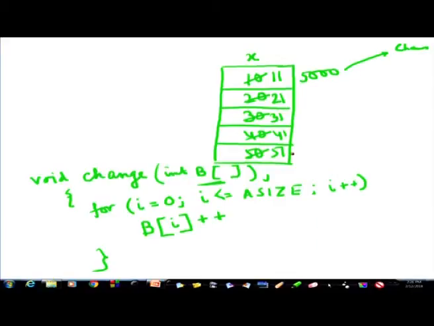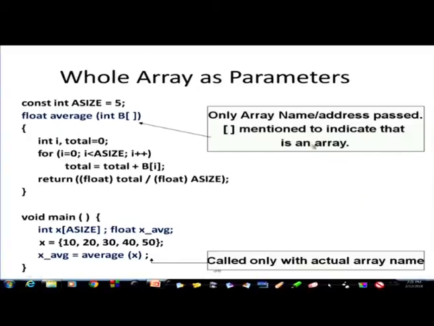Clear? So, that is the importance. Here I have called it with the actual array name. Here of course, I computed a total and returned some other value, but if I had just changed it inside this function, I could have made it a void function and the change would have been automatically reflected in the main function.